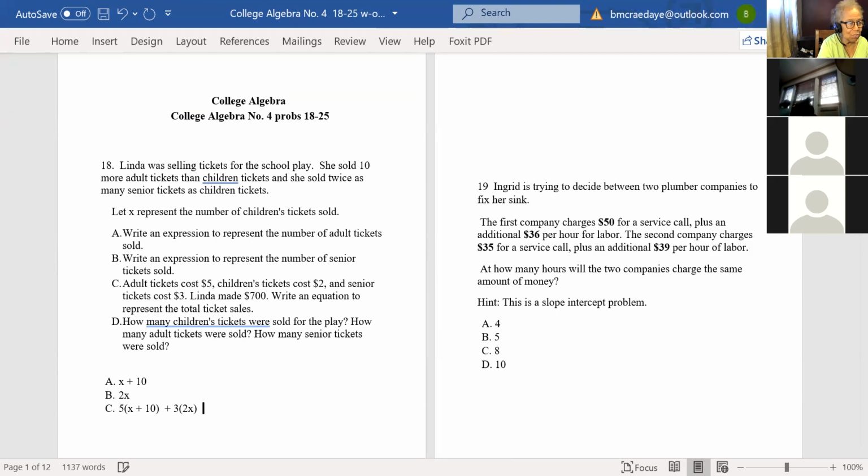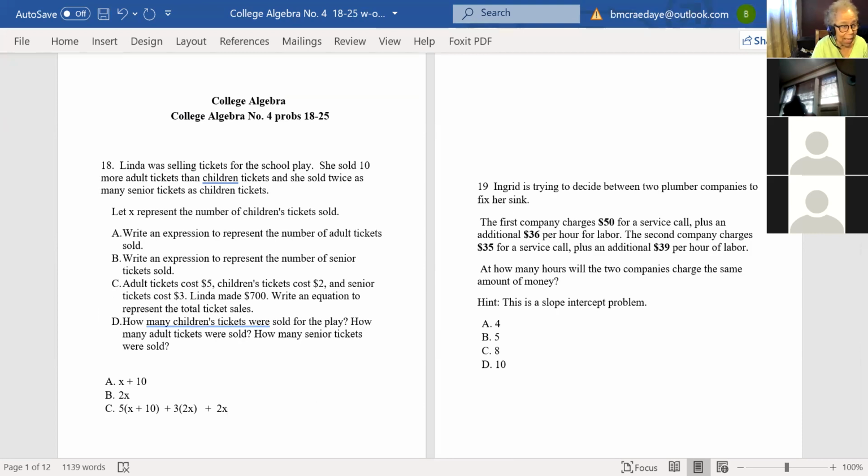And then what's the children's tickets? That'd be plus... What do we call the children's tickets right here? X. This is X, right? But the children's tickets cost what? $2. You're right. That's 2 times what? 2 times x. Yeah, so we could just say 2x, right? 2 times x is 2x.